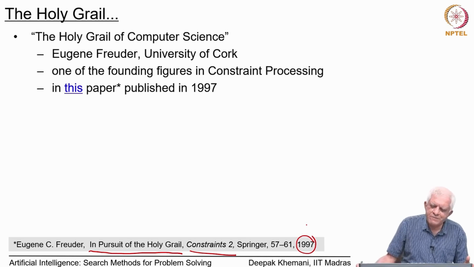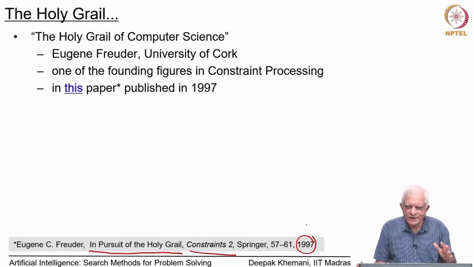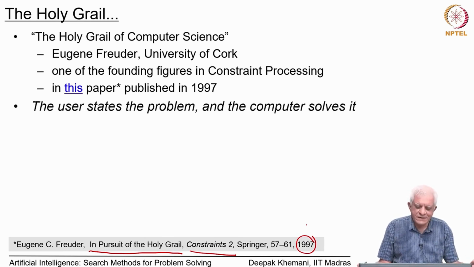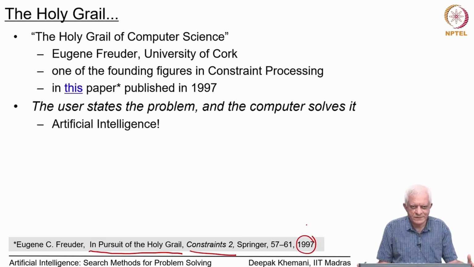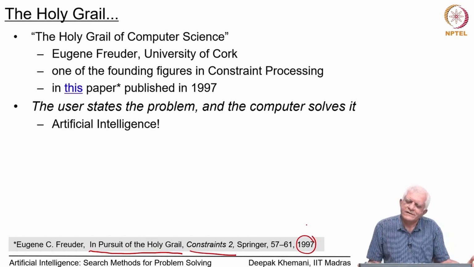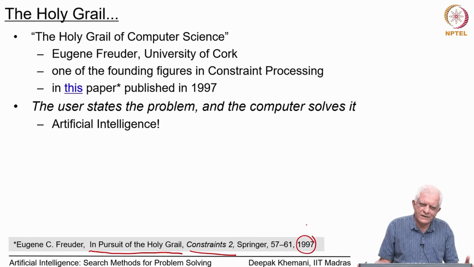And he says that this is the holy grail of computer science, that people who are working in computer science want to do the following, and it is expressed as this, that the user states the problem and the computer solves it. That is according to Freuder the holy grail, and according to him the means to go about doing that is using constraint processing essentially.